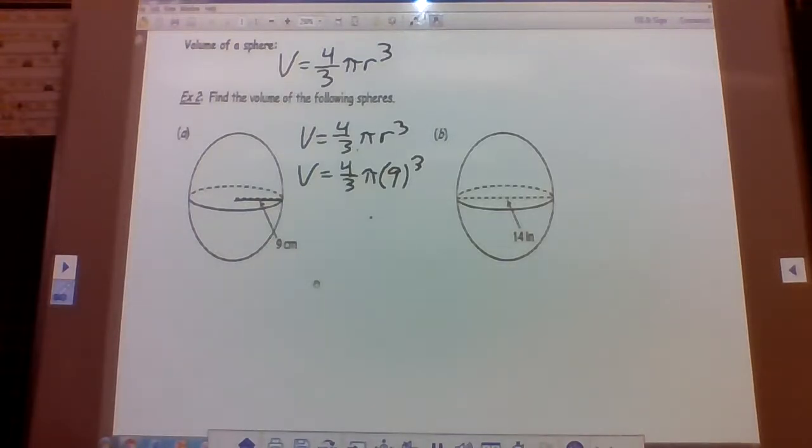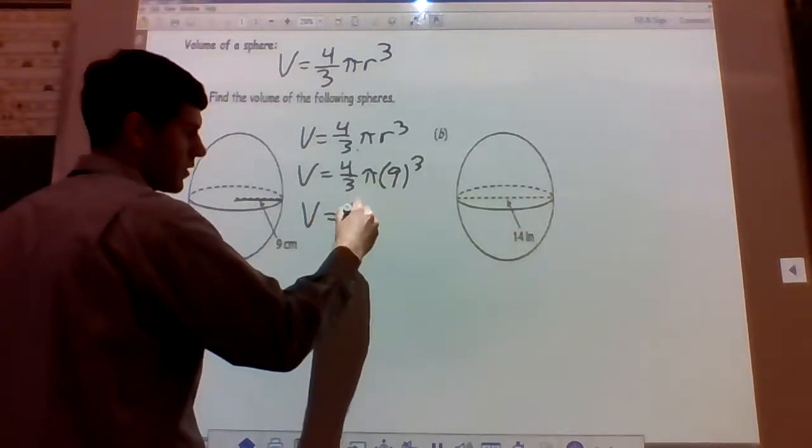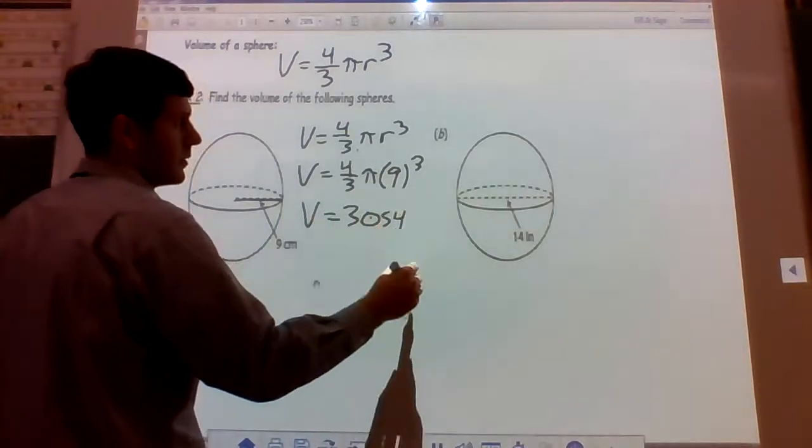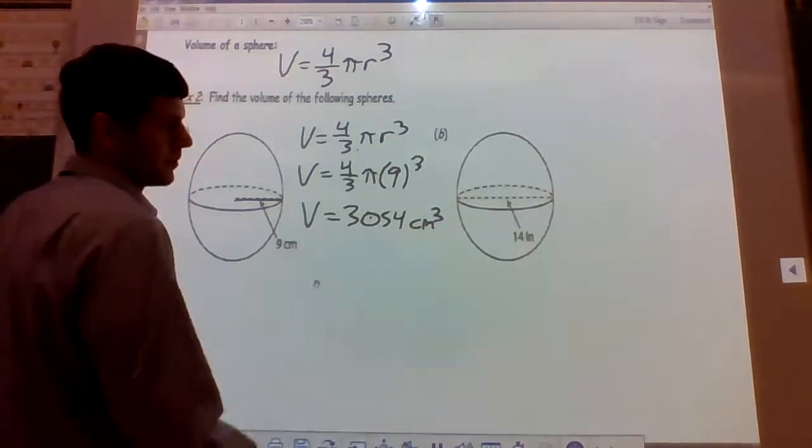So we can just put that all in the calculator if we would like. 729, right? So 3,054. And that's going to be centimeters cubed.